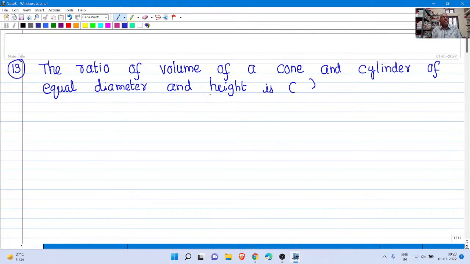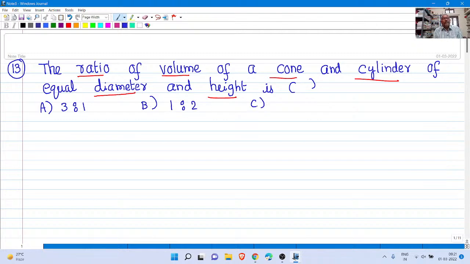So let's have a discussion on this question. The ratio of volume of a cone and a cylinder of equal diameter and height is. So options, let us write it. The first option is 3:1, B is 1:2.